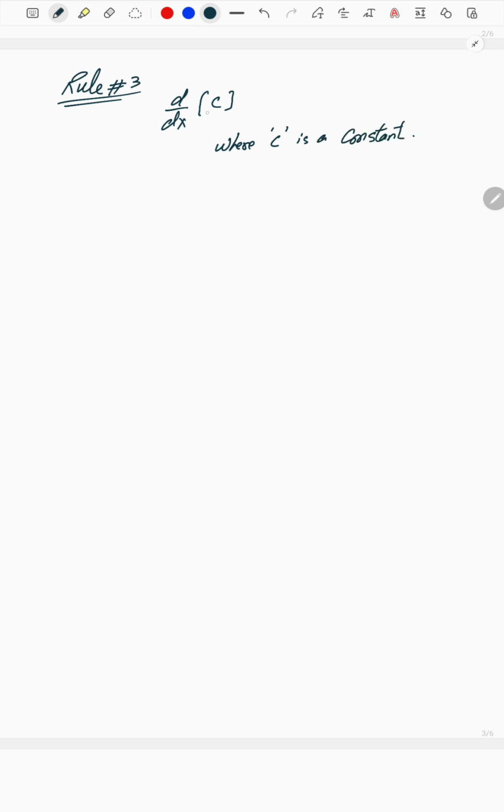As you can see here, we don't have any function of x, it is purely a constant which is going to be differentiated. Whenever you see a constant without a variable with which you are going to differentiate, it directly approaches 0. So we can say the derivative of a constant number is always 0.